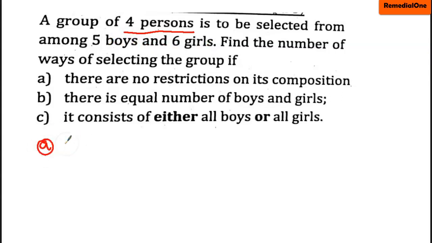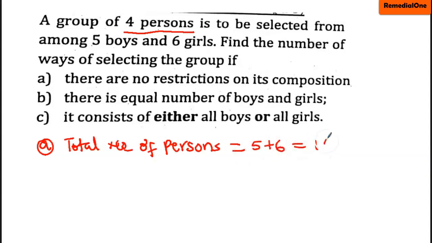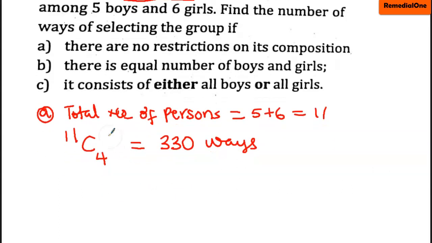So the total number of persons will be 5 plus 6, which is 11. We have 11 people and we are choosing 4, which is giving us 330 ways. Here you can easily use your calculator to do that.